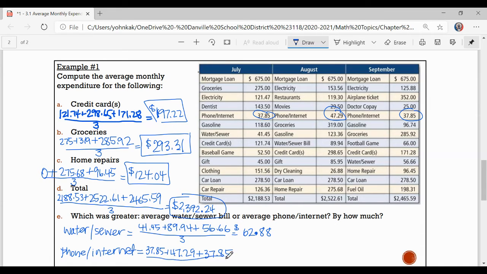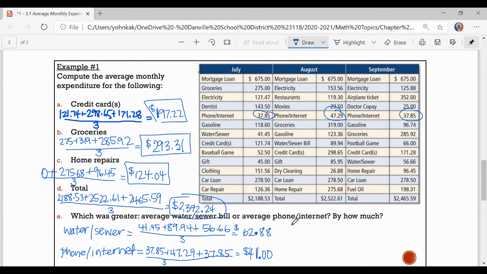We added 3 numbers, so we'll divide by 3. That gives us an average of $41. My goodness, I can't write today. $41. All right, so which one was greater?